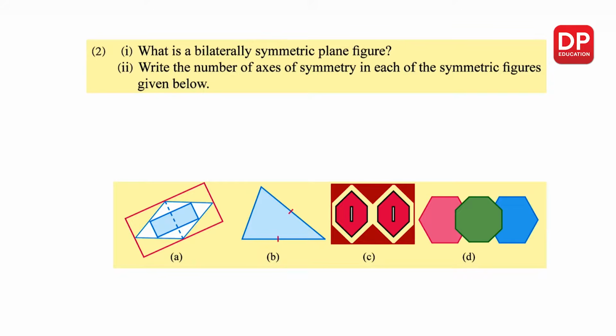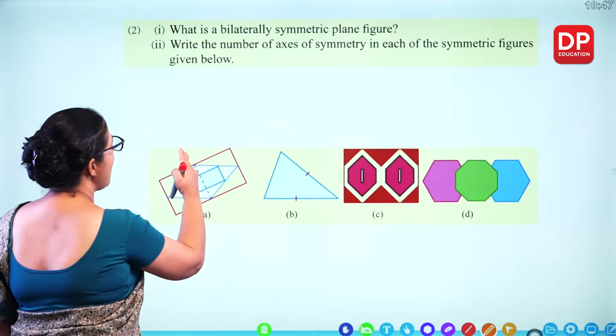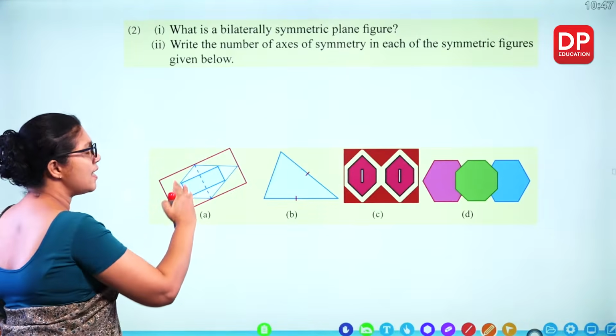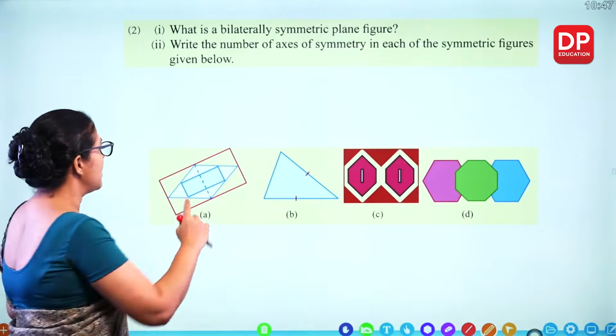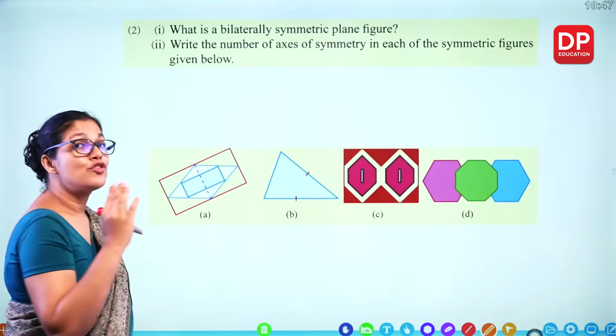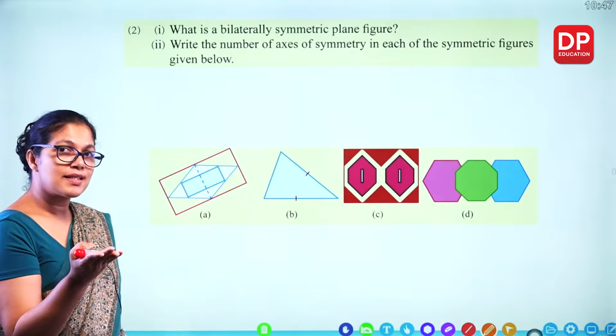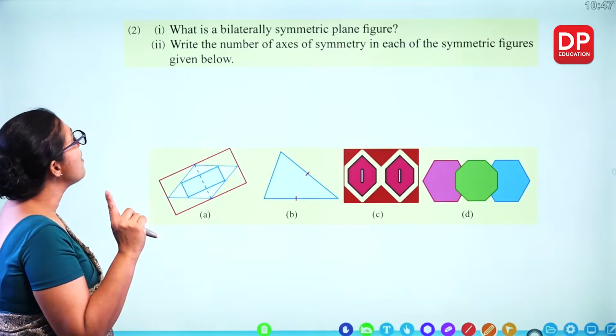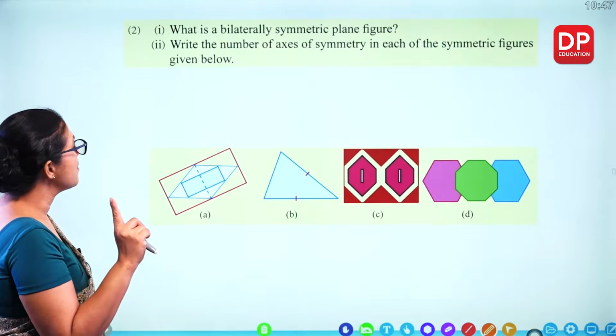Look at this one. What is a bilaterally symmetric plane figure? So if a plane figure is divided by a straight line into two identical parts, we call that a bilaterally symmetric plane figure.